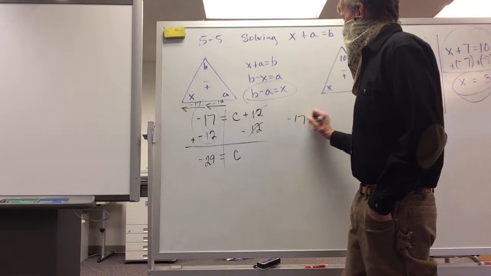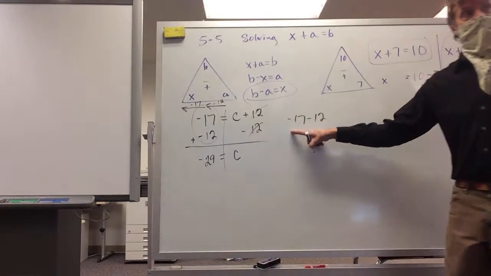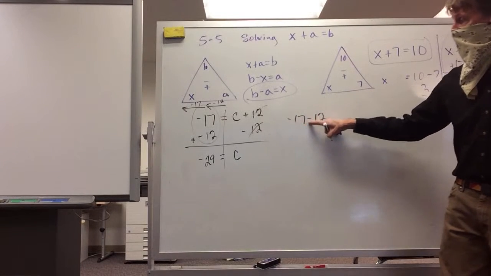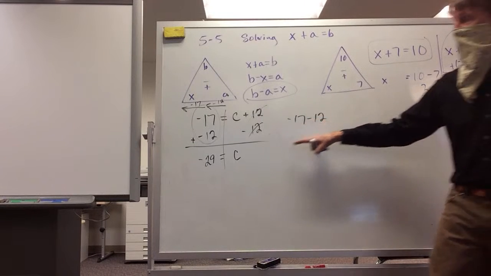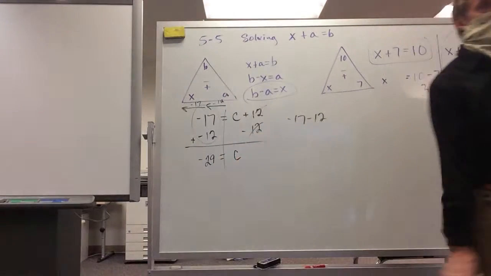Or you can just think of it like this, if that's okay. If this works for you, you know you have 17 negatives, you need to continue making the number more negative by 12 more. However you want to picture this is up to you.